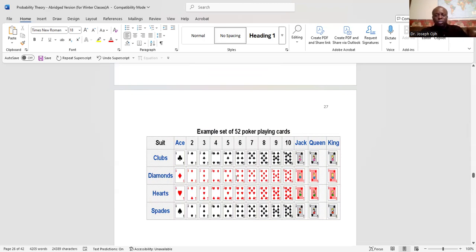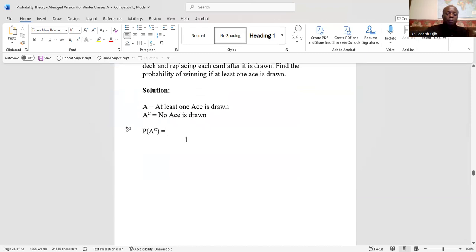The cards that are not aces are 48 in number if you remove these 4 aces.